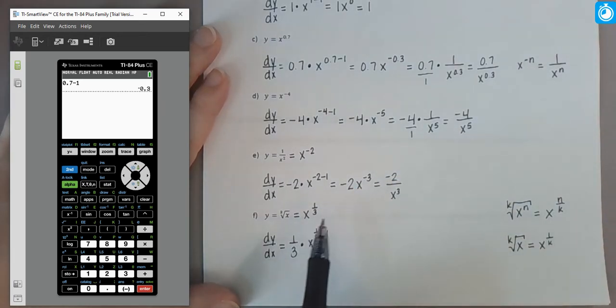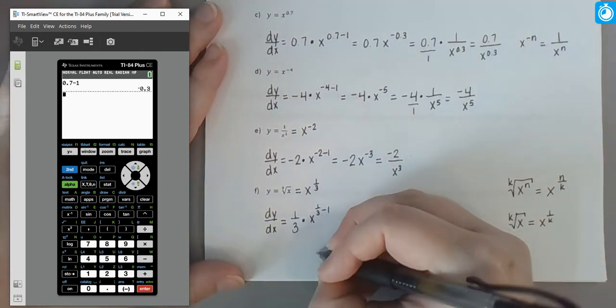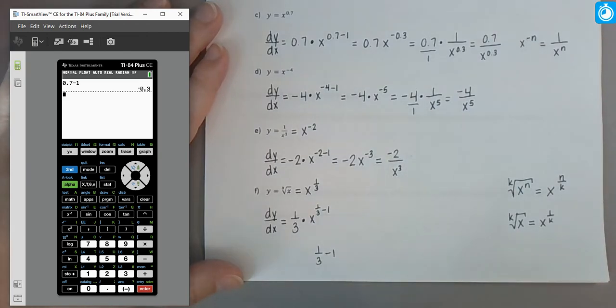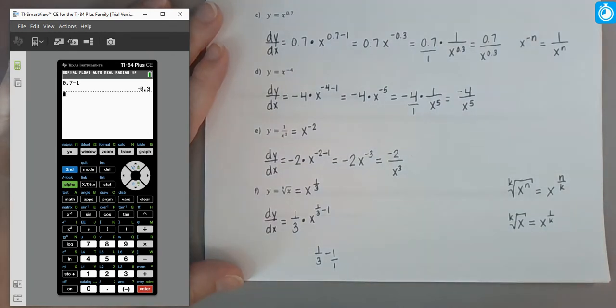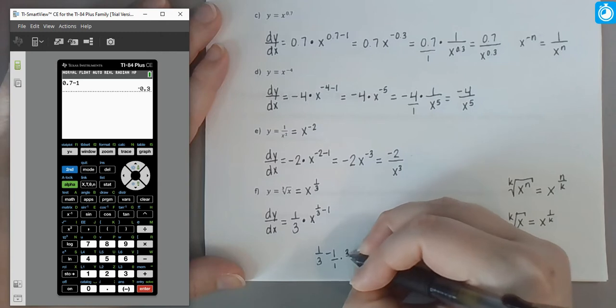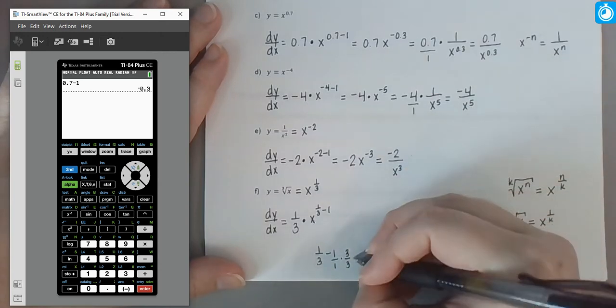Okay, so here the biggest thing is going to be simplifying that exponent. So I'm going to go down here, 1/3 minus 1, we need to simplify that down. Well, we have a fraction minus a whole number. You can think of that whole number as having a denominator of 1. We know the rule for adding and subtracting fractions requires that we have a matching denominator, and in this case we don't. So 1 over 1, we're going to need to multiply by 3 over 3 so that we have that matching denominator of 3.